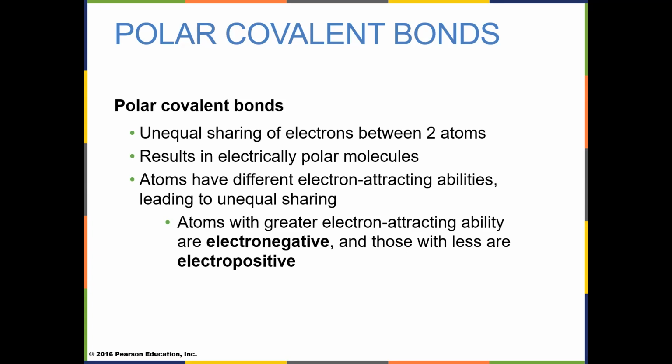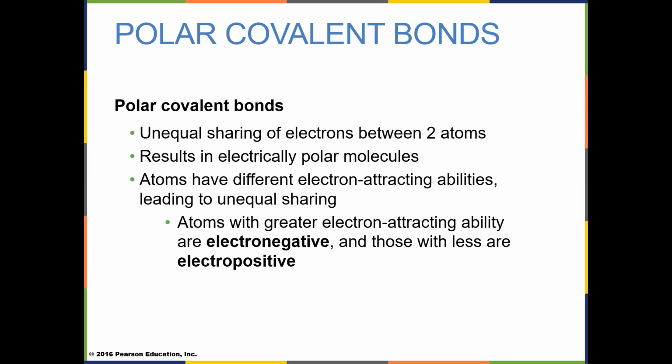So, okay, polar covalent bonds are different than just plain old run-of-the-mill covalent bonds. A nonpolar covalent bond is perfectly balanced, like carbon dioxide, but that's pretty unusual. In some cases, you're going to have what's known as a polar covalent bond, where you are sharing your electrons.